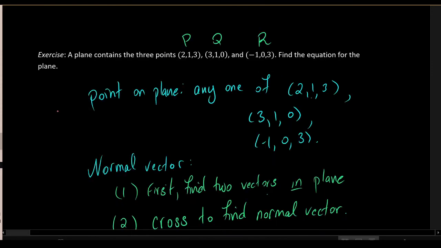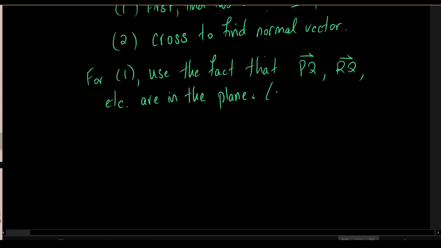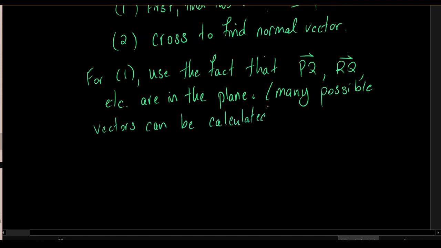So using that idea, let's go ahead and find the vector. For example, maybe the vector stretching from the point P to the point Q, maybe the vector stretching from the point R to the point Q. Once again, many possible vectors can be calculated here.